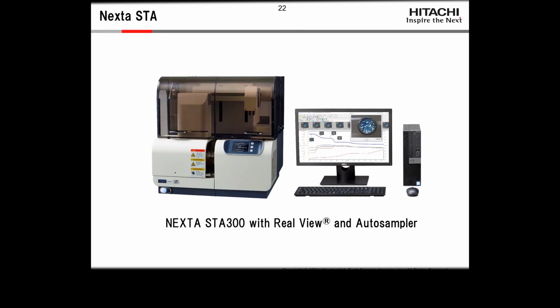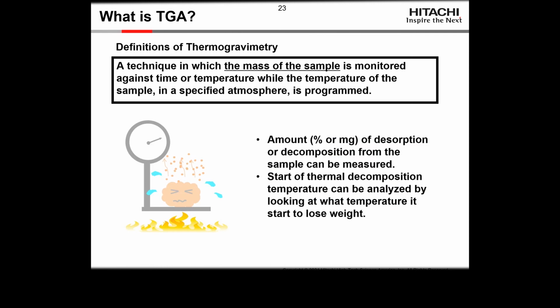And we offer the Nexta, and it is shown here with the auto sampler and the real view system attached inside the protective hood that keeps your fingers from getting caught by anything. And you can see here on the screen, not only do we show the weight loss curves, but we show the images that would come from the real view system. And we'll talk about real view a little bit later.